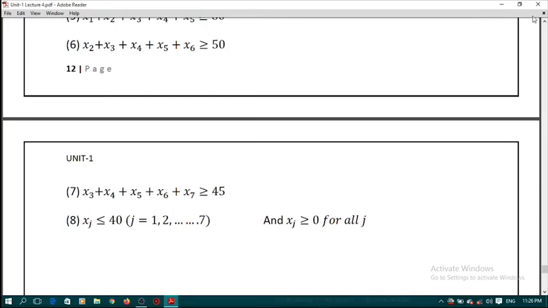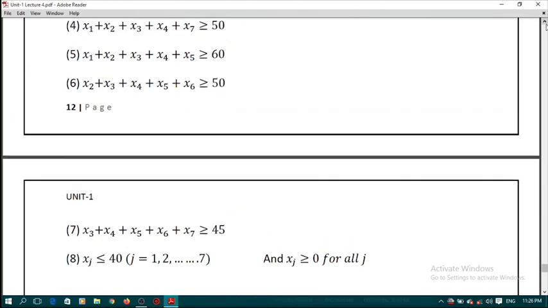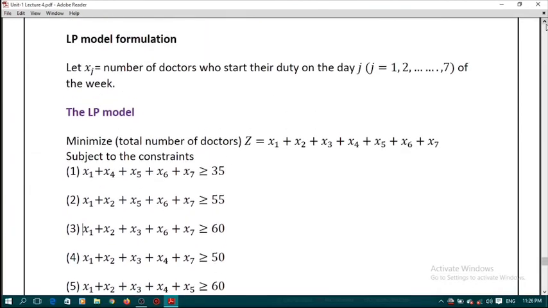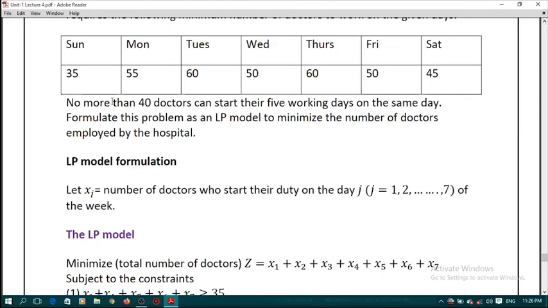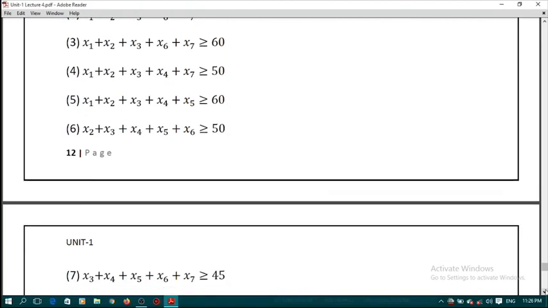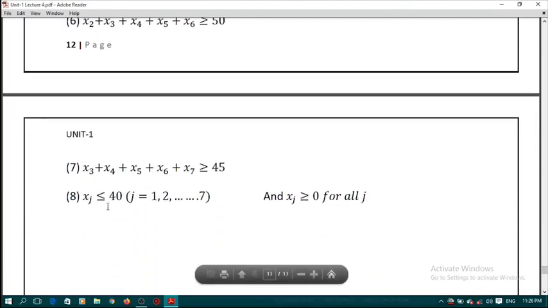Now here they mention in the problem that no more than 40 doctors can start their 5 working days on the same day. That's why all xj are less than or equal to 40, where j runs from 1 up to 7, and xj represents a non-negative quantity, so xj is greater than or equal to 0 for all j.